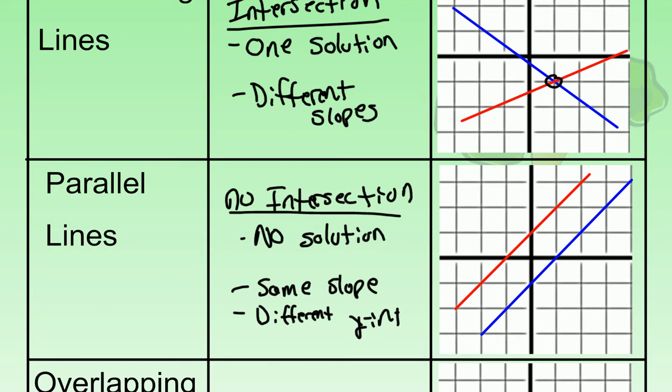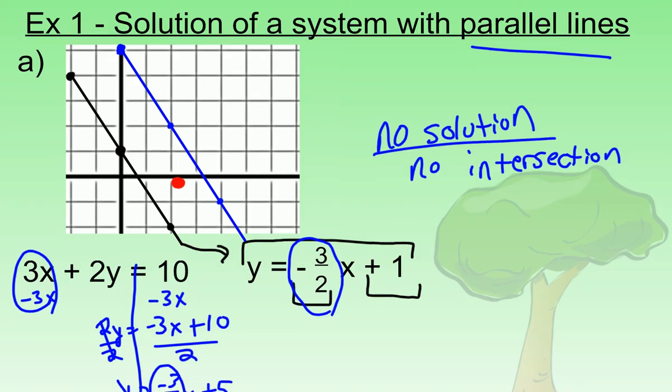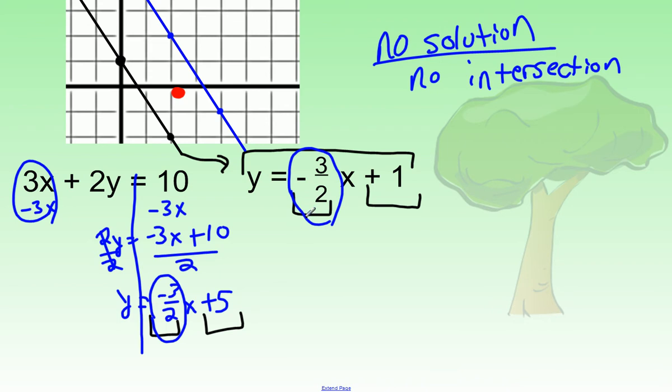I'm going to flip back a page or so to show you when we were talking about parallel lines that the slopes were the same, but the intercepts were different. So here we go. Same slope, different intercept. So they're going the same direction. One is just higher than the other.